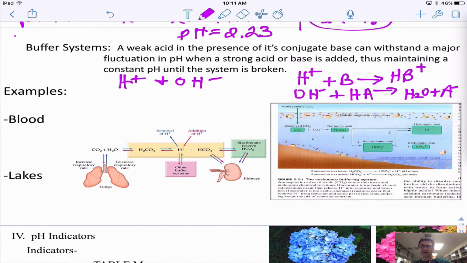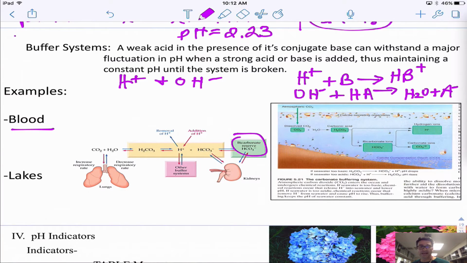Now, why do we care about buffer systems? We care about buffer systems because they are really important in biological systems. Two examples that are biologically based: blood. Your blood actually contains a very complex buffer system that has something called bicarbonate in it.